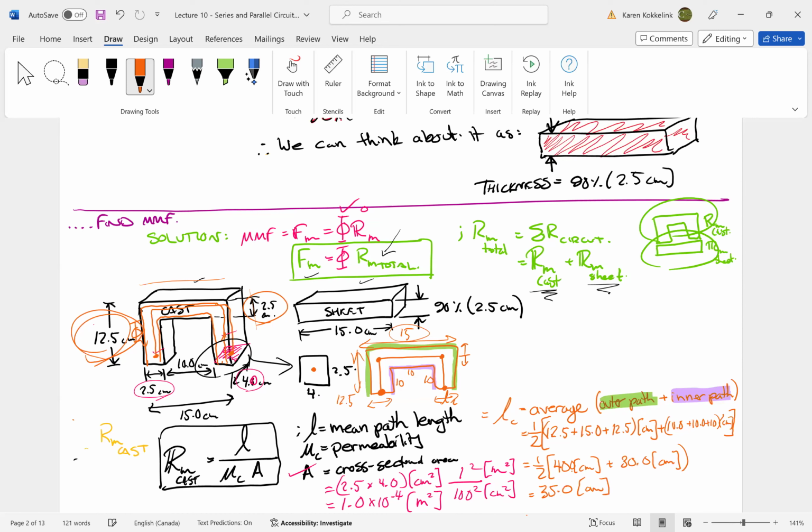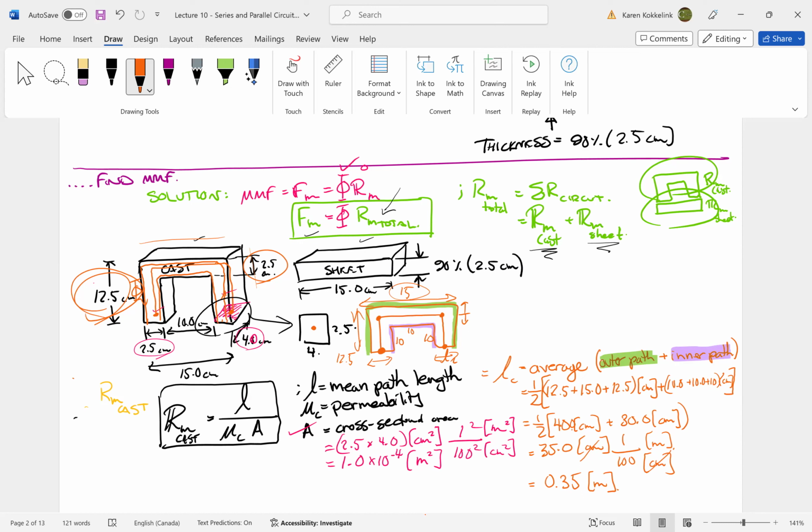And if I convert 35 centimeters, I no longer want the centimeters, so I put them on the denominator. I want meters. So I do a ratio of 100 centimeters inside 1 meter, which means I need to divide by 100, which means I need to move the decimal places. I'm left with 3 significant digits, 0.35 meters. So the mean path length of the cast section is 0.35 meters. Great.